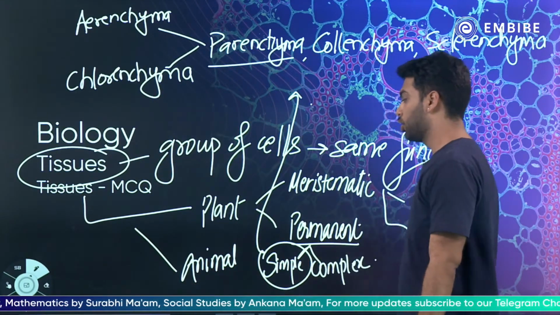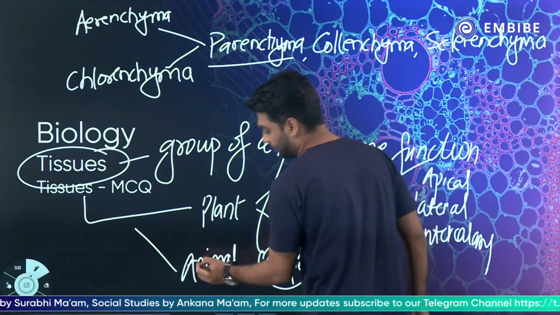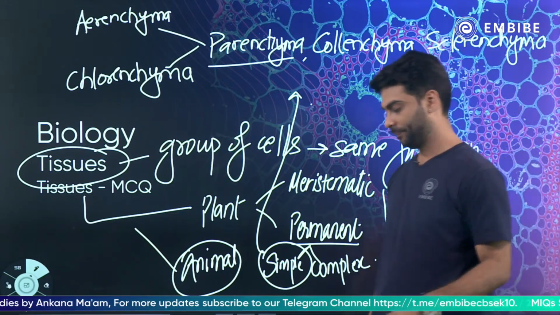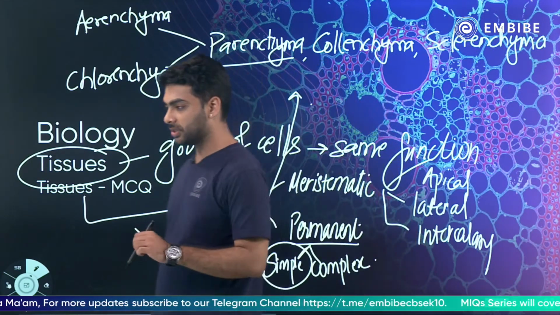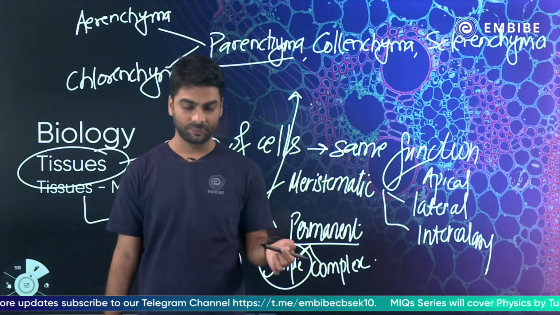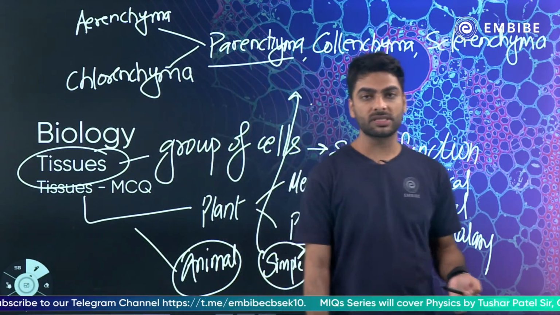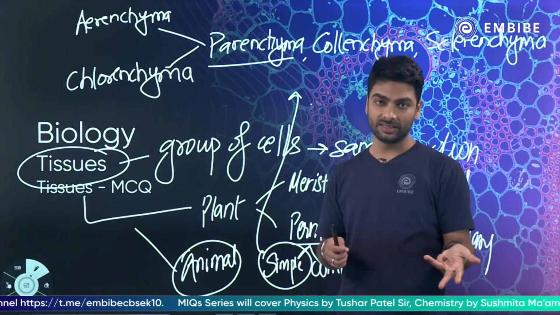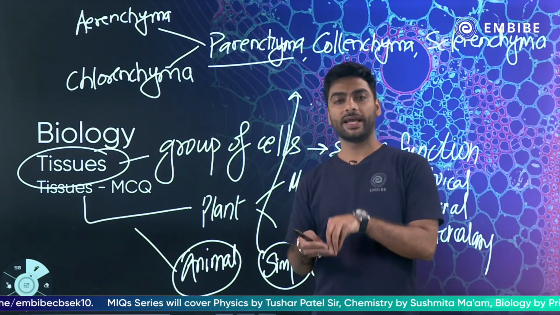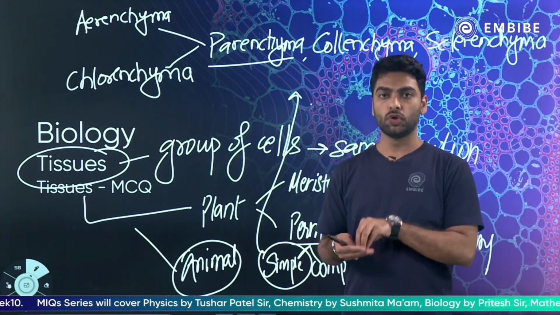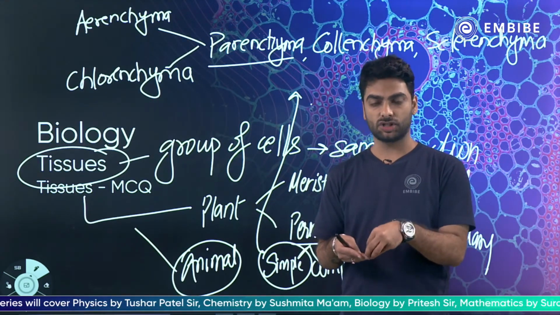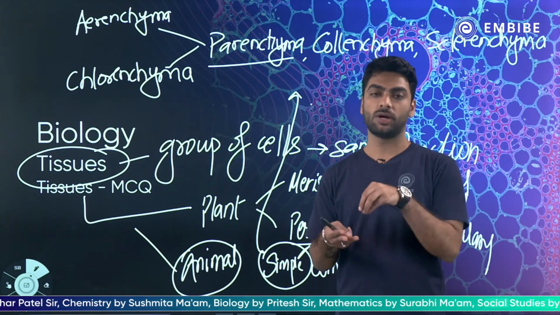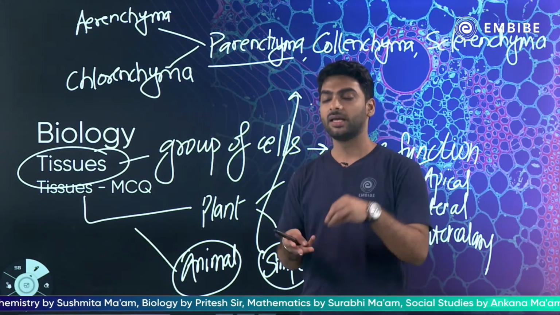Correct? Talking about animal tissues. Animal tissues में you have got epithelial tissues, connective tissues. Epithelial tissues में you have got glandular, squamous, columnar, ciliated. ठीक है? You have got connective tissue under which you have got bone, cartilage, blood. ठीक है?